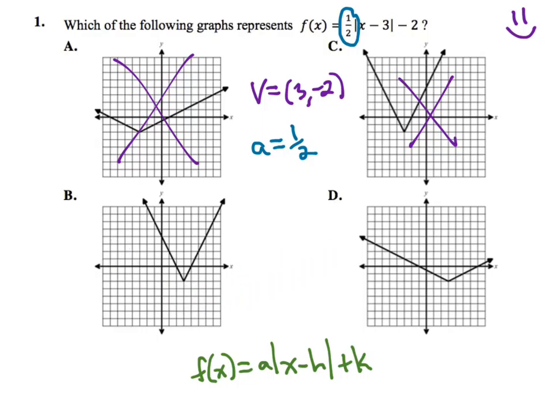Well, stretched would mean that you have an a greater than, sorry, greater than 1. If you have an a of 1, then it's just your standard up 1 over 1, up 1 over 1. This isn't that. So it's compressed. It's 1/2. We're going up 1 over 2, up 1 over 2. And on this side, we're just doing the opposite. So our answer is D.